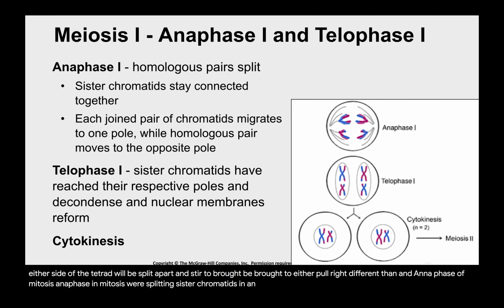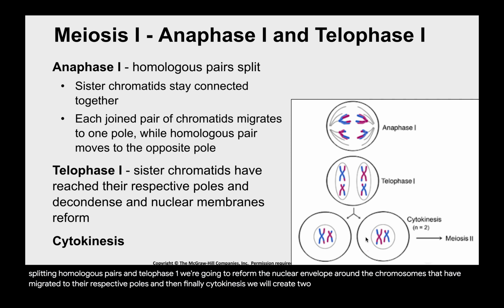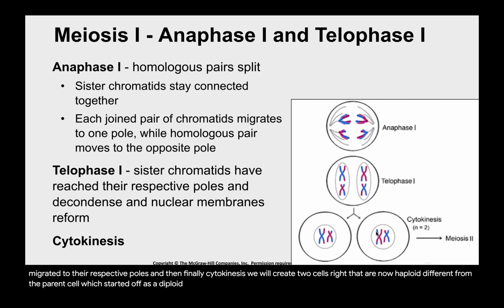In anaphase 1, those sister chromatids are staying together and we're splitting homologous pairs. In telophase 1, we're going to reform the nuclear envelope around the chromosomes that have migrated to their respective poles. And then finally, in cytokinesis, we will create 2 cells that are now haploid, different from the parent cell, which started off as diploid.